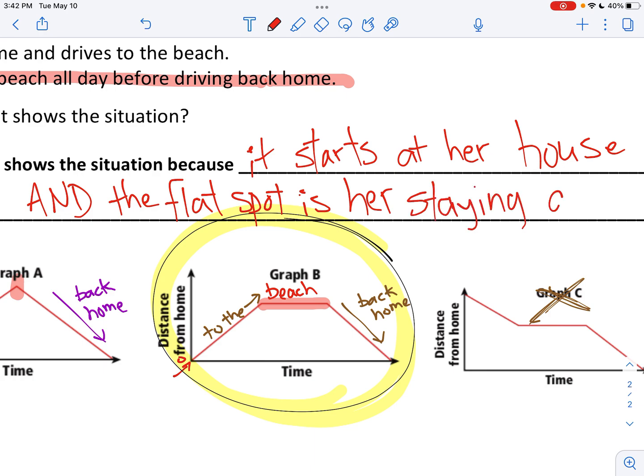Staying at the beach. Okay. You can pause the video if you need to see that so you can copy it, all right? Or you can put it in your own words too.